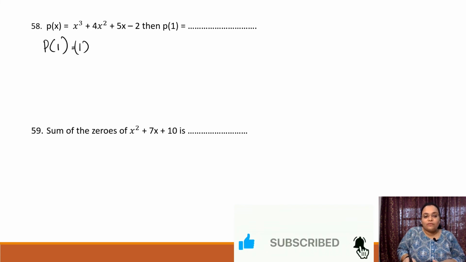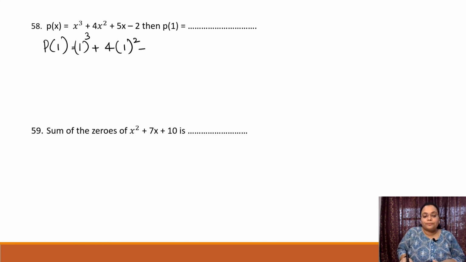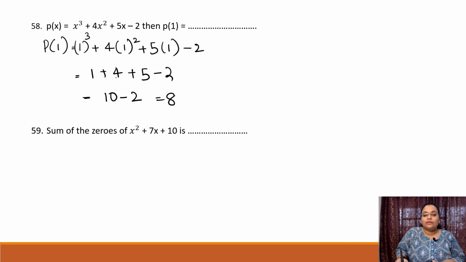That is 1 cube plus 4 of 1 square plus 5 of 1 minus 2, which is 1 cube is 1 plus 4 plus 5 minus 2. Okay, so which is 9, 10, 10 minus 2 is 8. So, p of 1 will be your answer, 8.